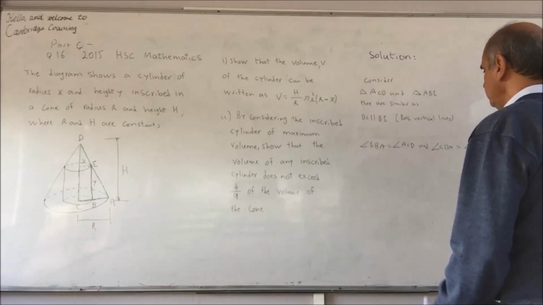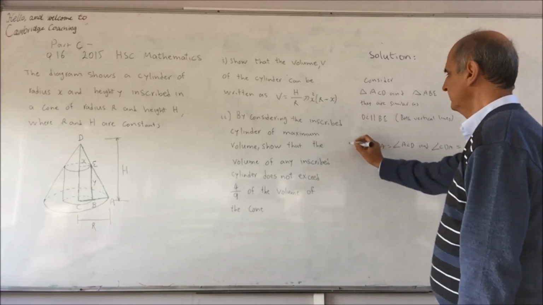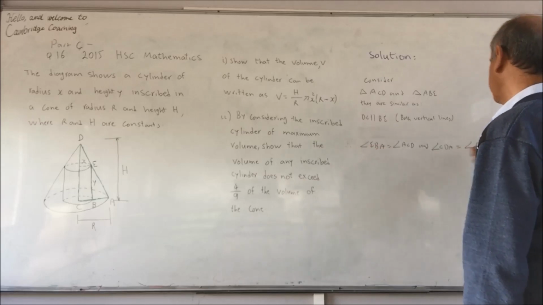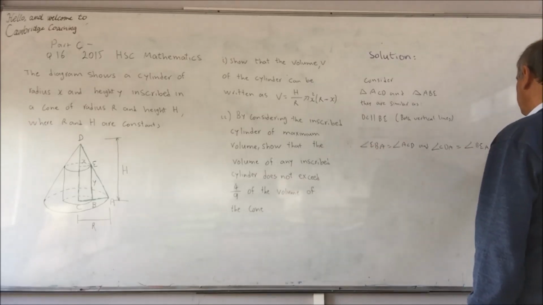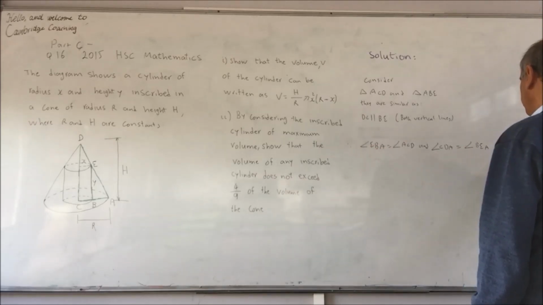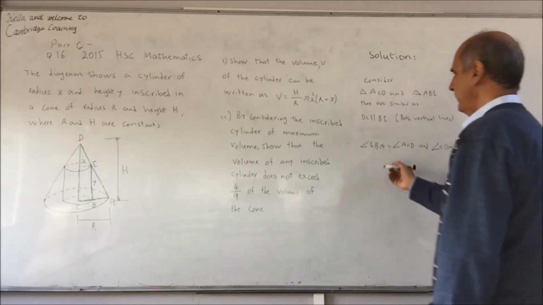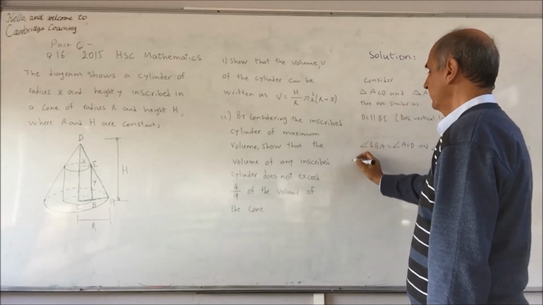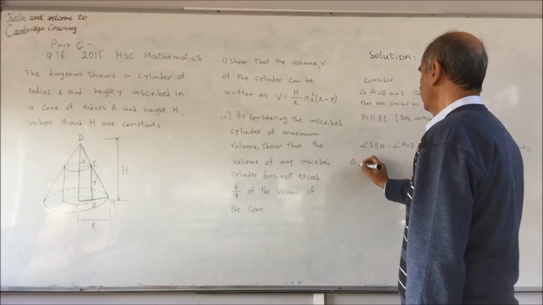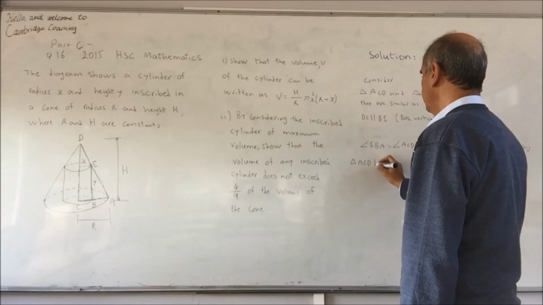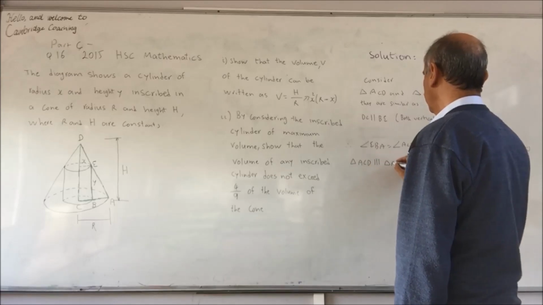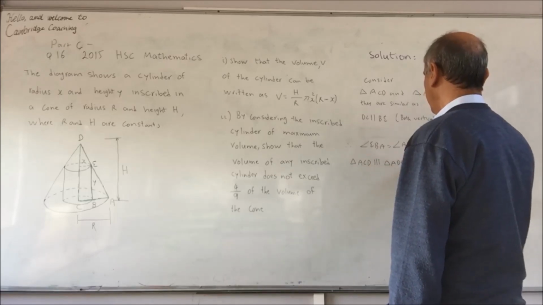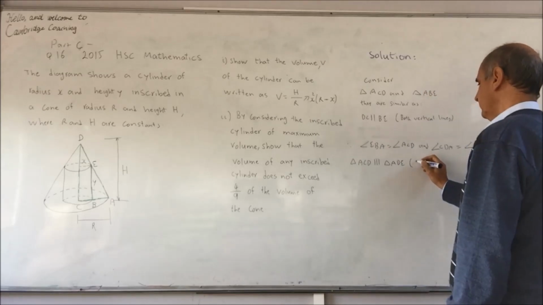Alright, why is that? Because they are corresponding angles. Okay, so that means that two triangles are similar. Triangle ACD is similar to triangle ABE, and because two angles are equal, they are equiangular.